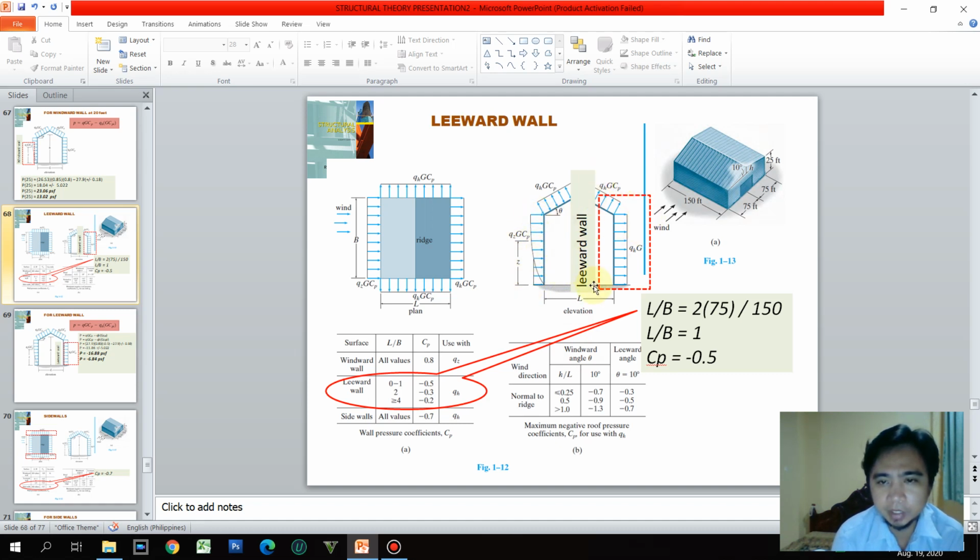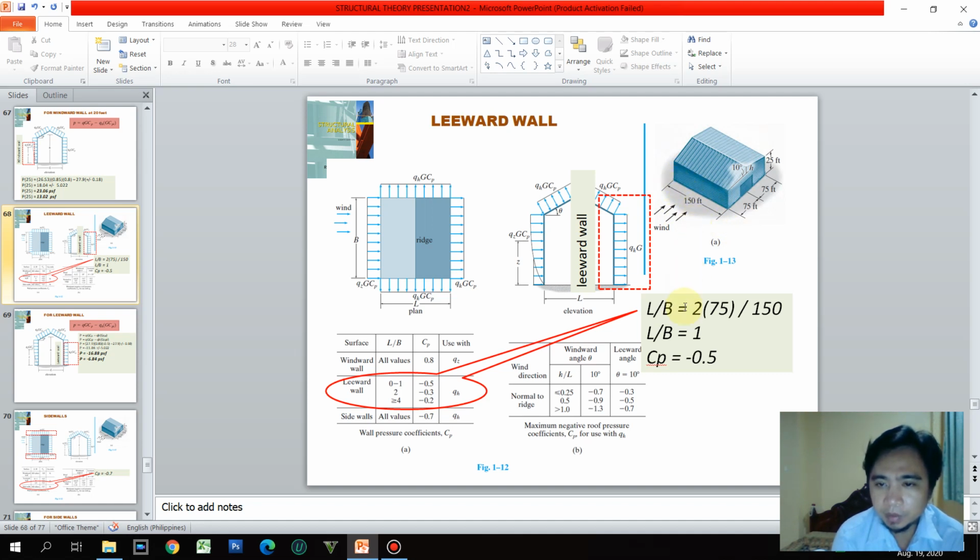For the other side, that is the leeward wall, on this table we need to derive L over B to locate what is the appropriate factor CP here. So what is L? L here is the distance parallel to the wind, and this is the distance perpendicular to the wind.